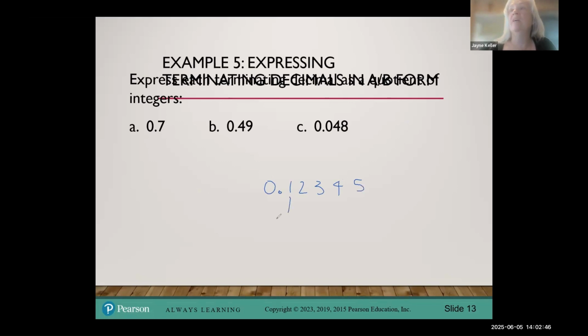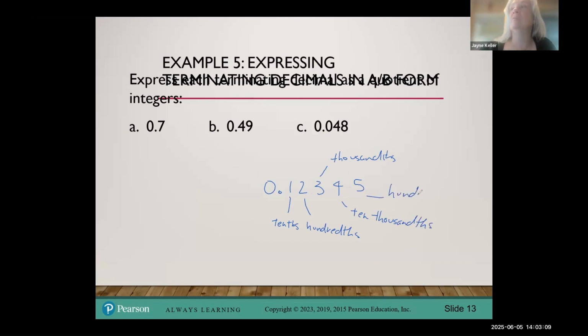Tenths place, hundredths, thousandths, 10,000ths, 100,000ths.